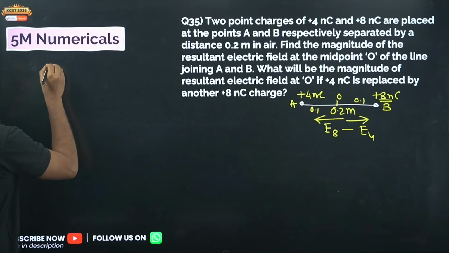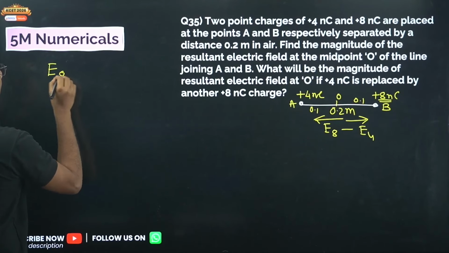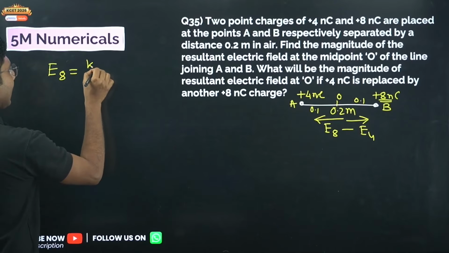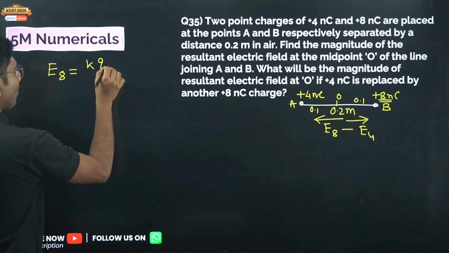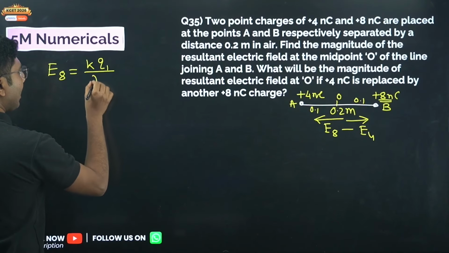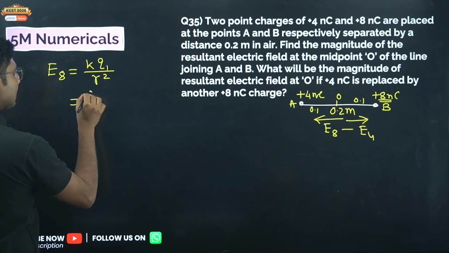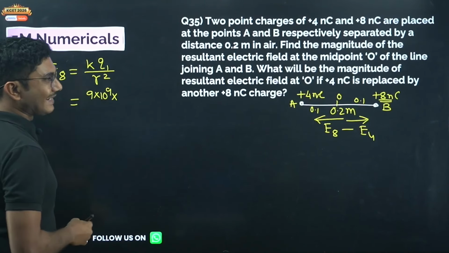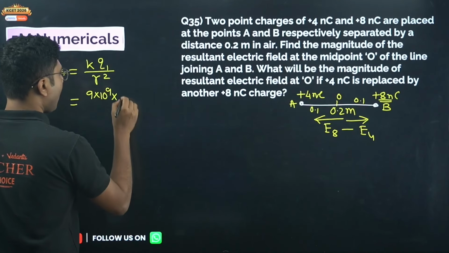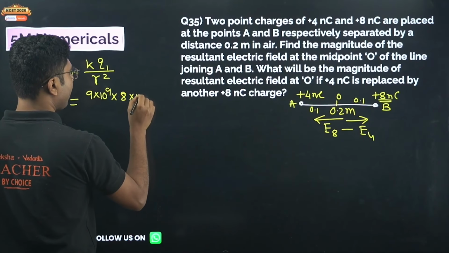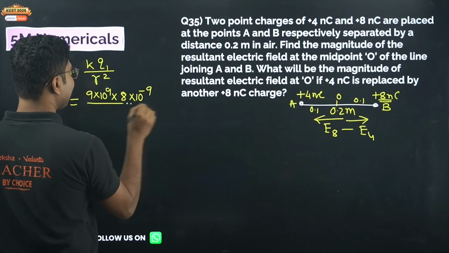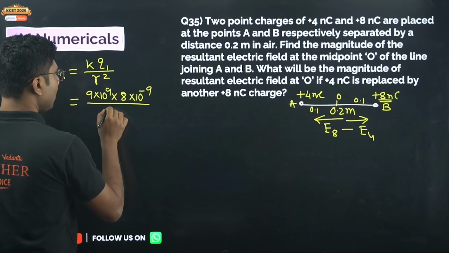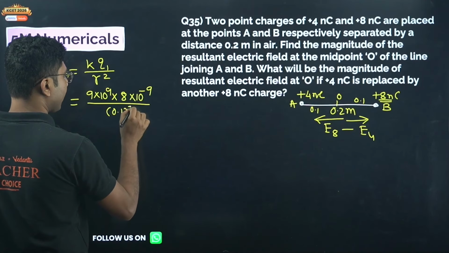So what is the electric field due to the positive 8 charge? It will be K Q1 by R square. K is 9 into 10 to the power of 9. Q1 is 8 nanocoulomb, 8 into 10 to the power of minus 9. Distance is 0.1, so 0.1 square.